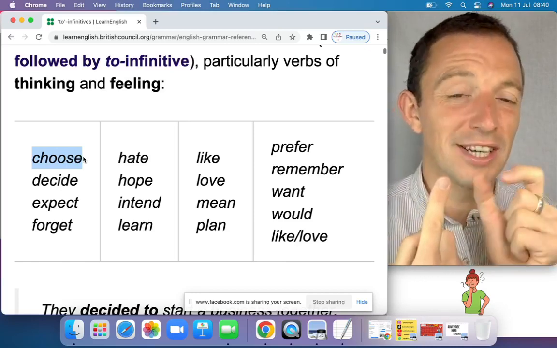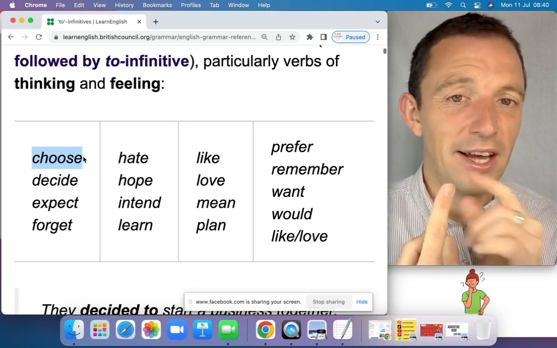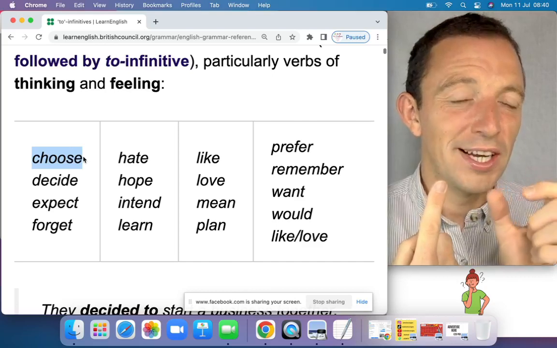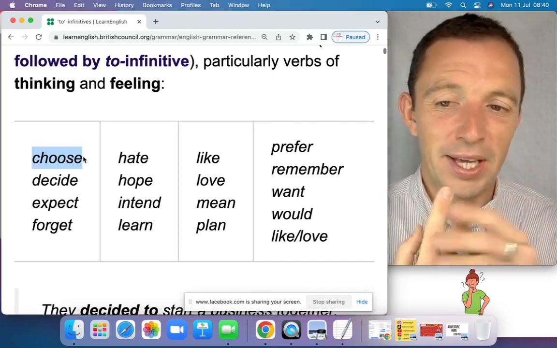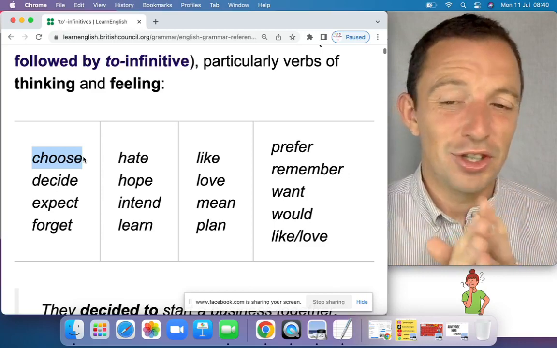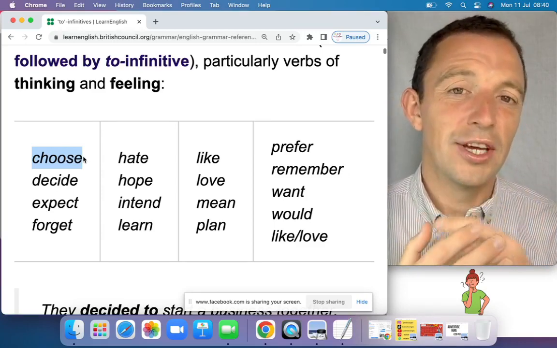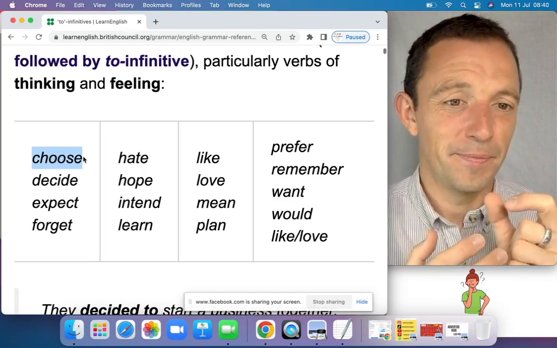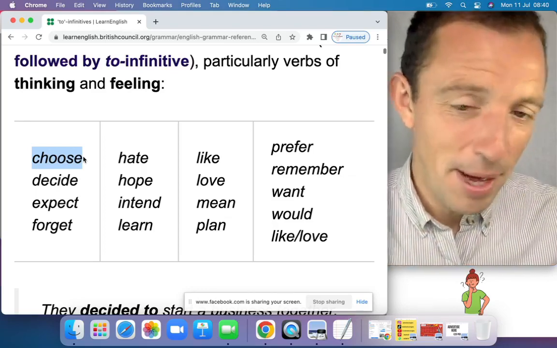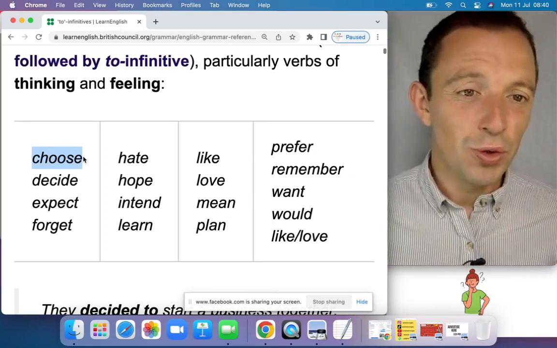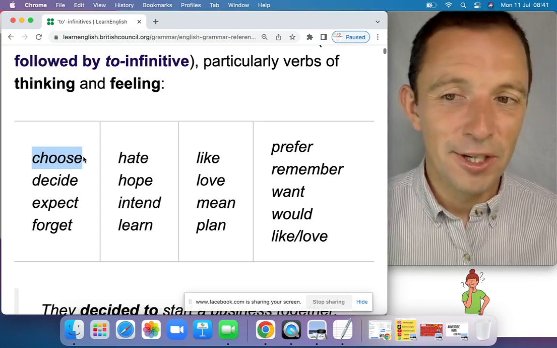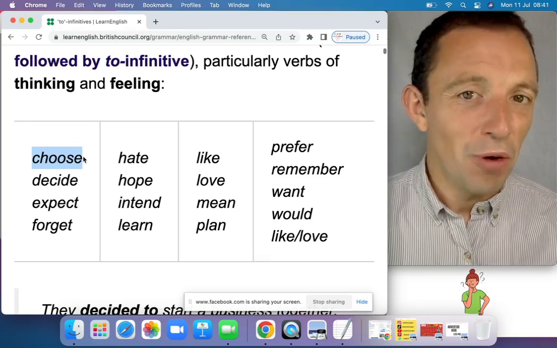I choose to contact my friend. I choose to look at the magazine or to look at the movie. So typically after choose, we have the infinitive. And that's just something to remember. It's a rule, more or less, it's a rule to know.